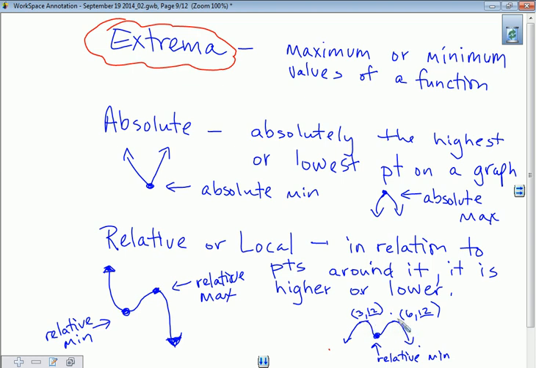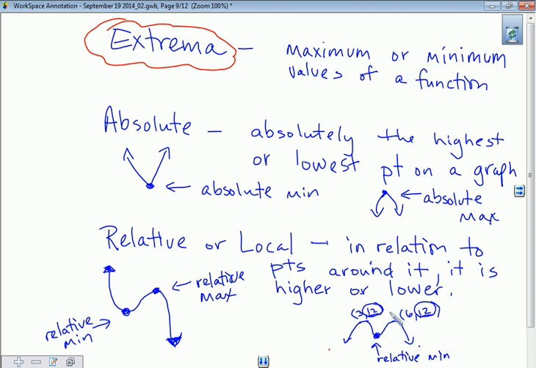So we have a relative max. You could say there's a relative max at the point (3, 12) and a relative max at the point (6, 12). But the maximum value of this function is 12. So did y'all hear me word that two ways? I can say a relative max occurs at the point, or I can say the function has a maximum value of.